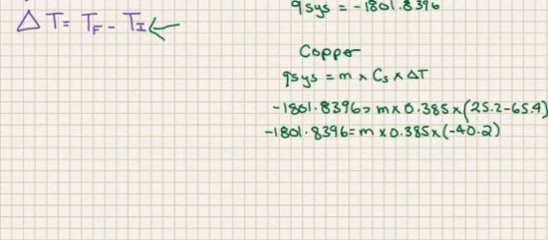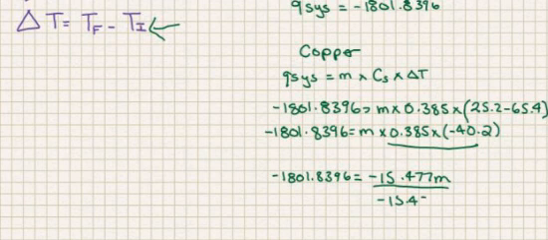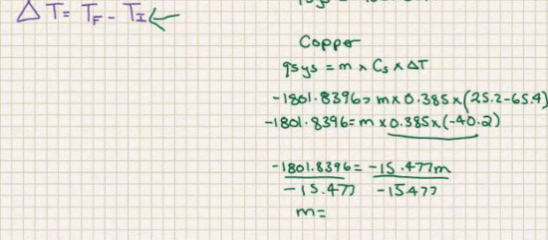So now we're going to multiply these numbers together, and then isolate the mass. So we get 116.420 dot dot dot.